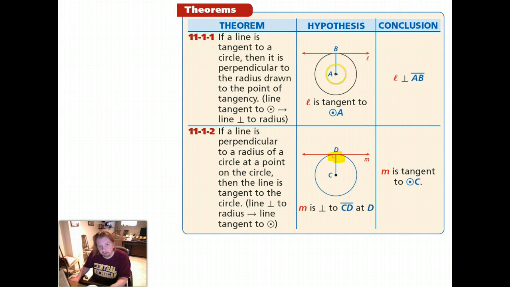So if I were to draw this line here, so there's that line. If you know this distance, let's say it's 10, and you know that's a right angle there, and you know this distance, let's say it's 12. I remember I'm drawing with a mouse here. So that's 12. Can you tell me that length there?